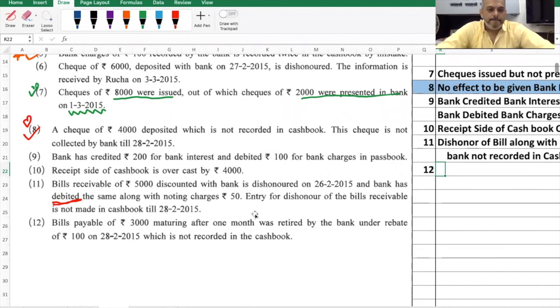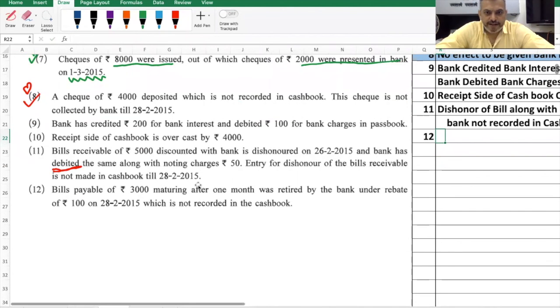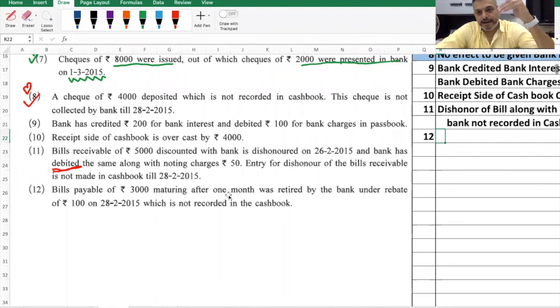So now bills payable of 3,000 maturing after 1 month, एक महीने बाद pay करना था, was retired by the bank. यानी एक महीना पहले ही हमने वो पैसा दे दिया हमारे bank से under rebate of ₹100 on 28th February 2015, which is not recorded in cash book.